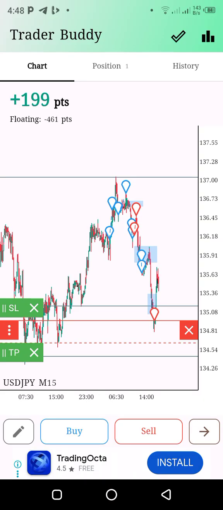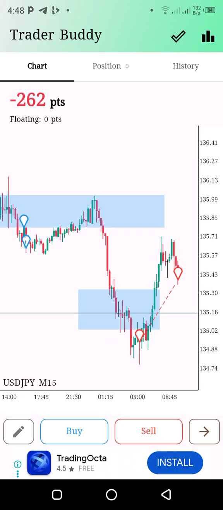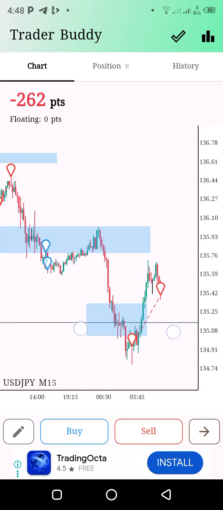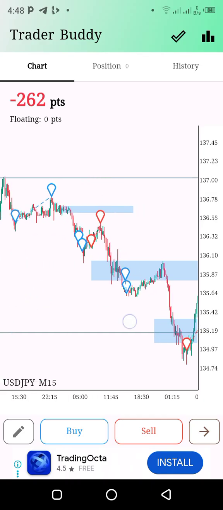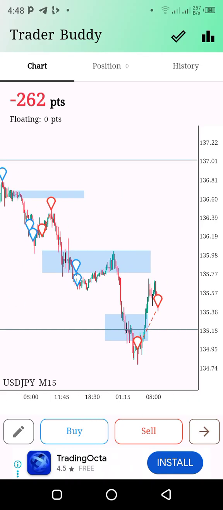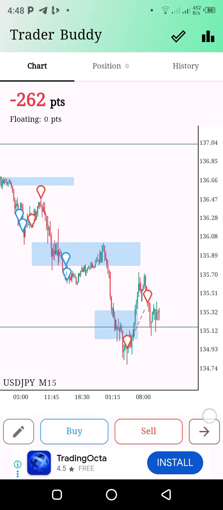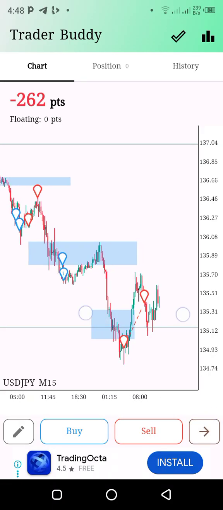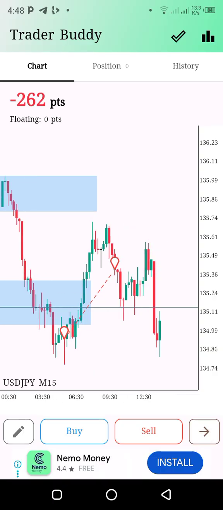We see that price actually broke our level. See what price did. Price just clearly ignored our level and came for a retest under the first level. So yeah, we wait a bit.